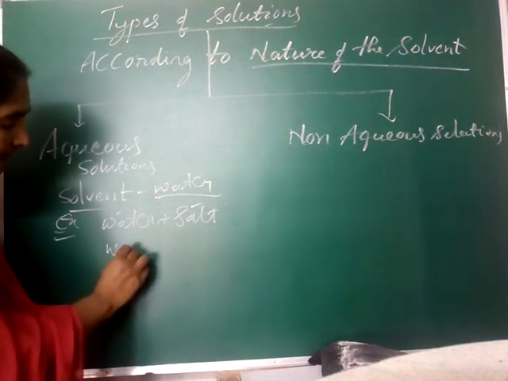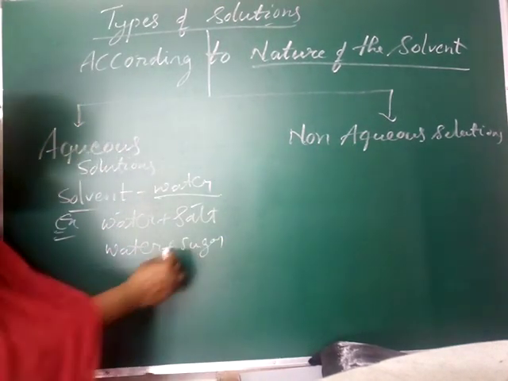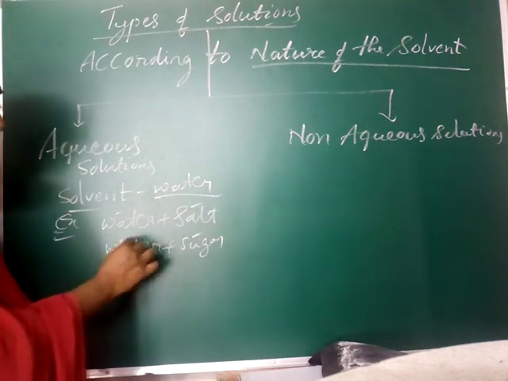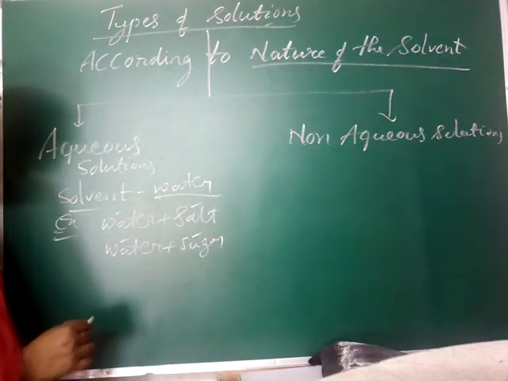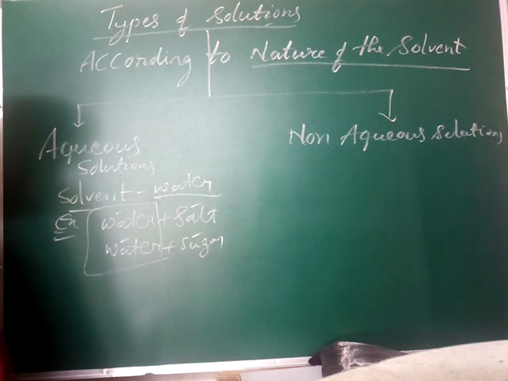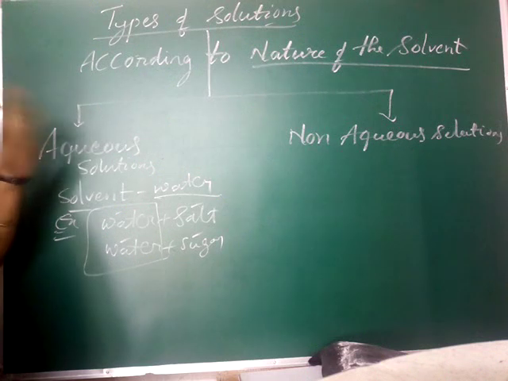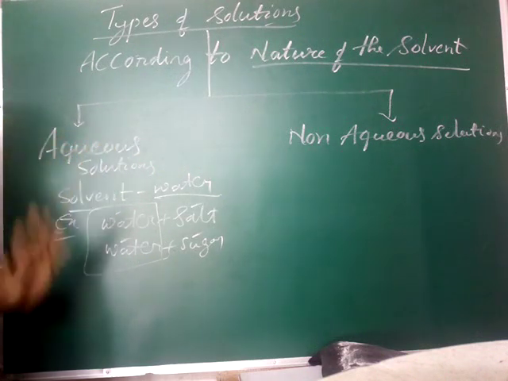And water and sugar: sugar is the solute and water is the solvent. Water is the one component which is the solvent, again the greater quantity. Solutions like this are called aqueous solutions.